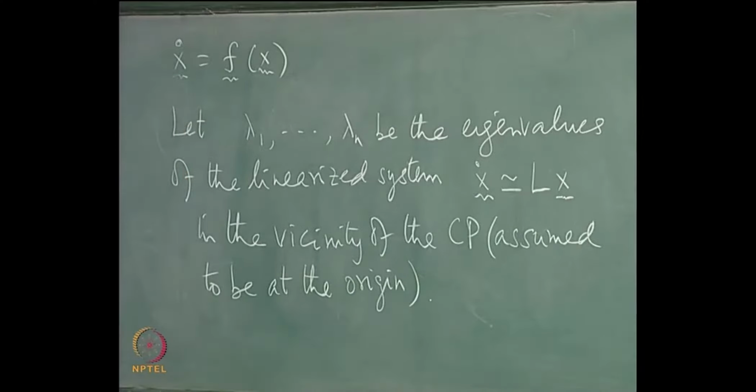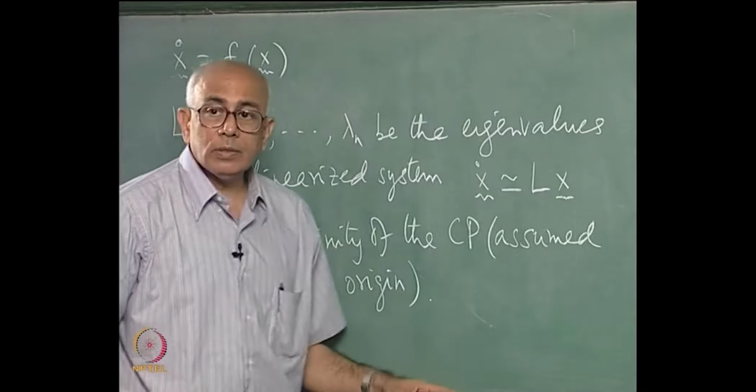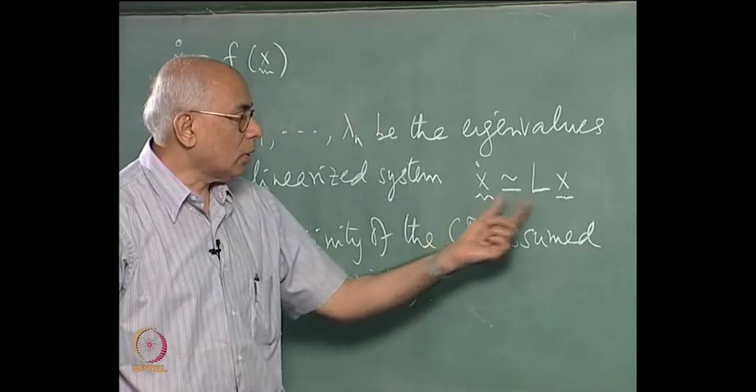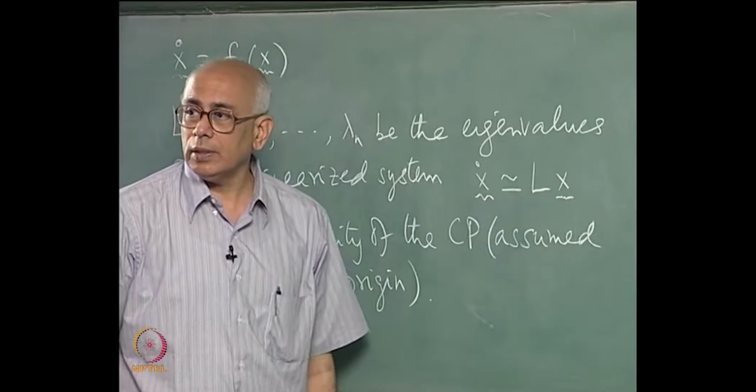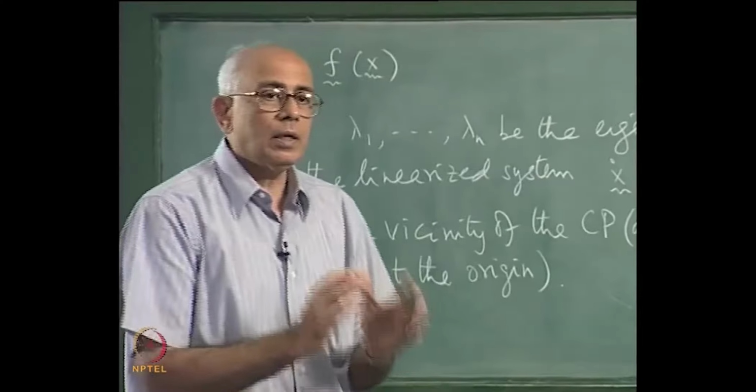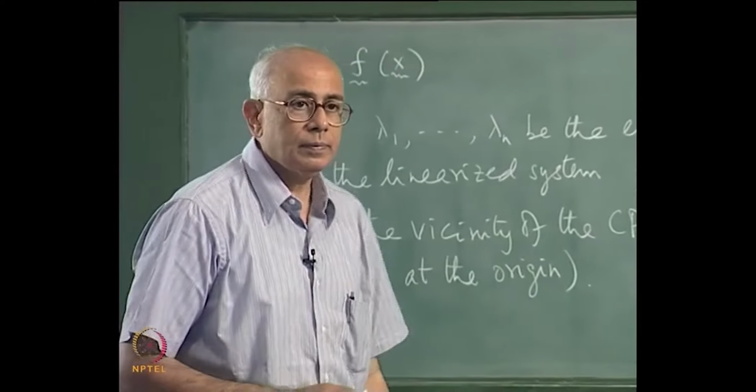So we assume there is a critical point at the origin. I have shifted coordinates so that I am near the origin, and then I look at the Jacobian matrix, which is non-singular, remember, by assumption, and if it is of the form x dot is Lx, the flow near the origin, then the properties of the system near the origin are determined by the eigenvalues of L.